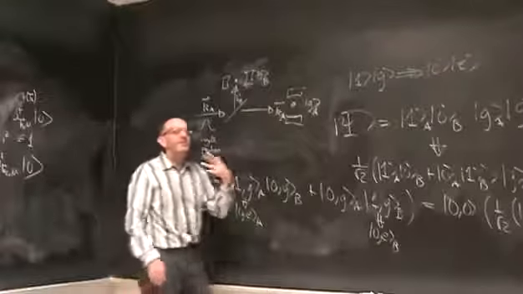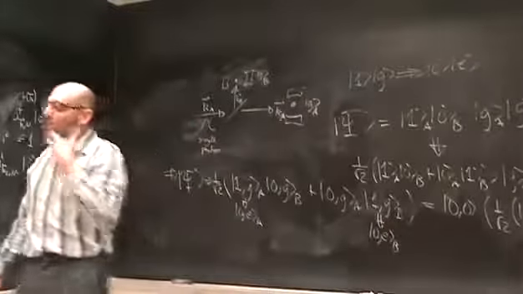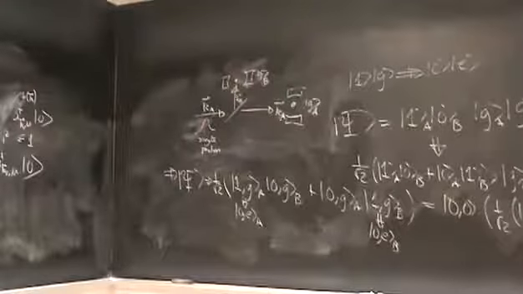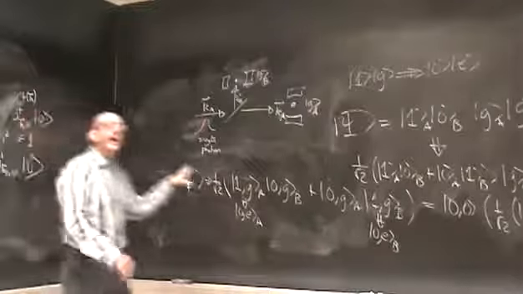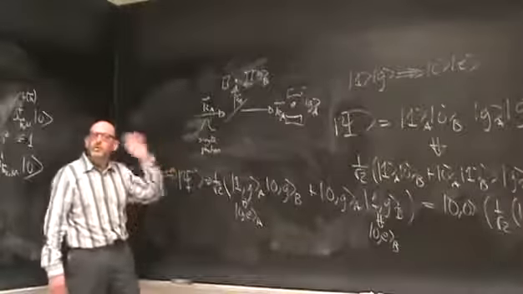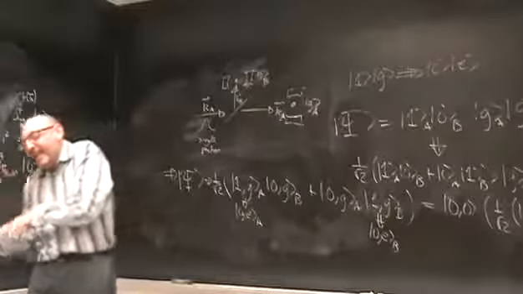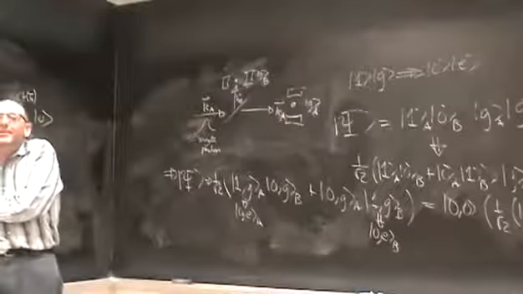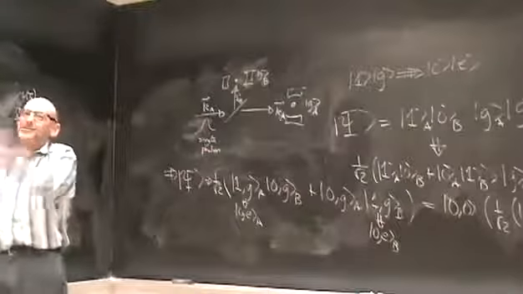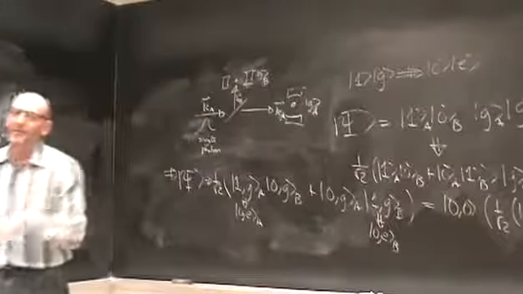So as long as you have something that's not a coherent state or a statistical mixture of coherent states, you will generate entanglement in this sense, mode entanglement. Not particle entanglement, but mode entanglement.